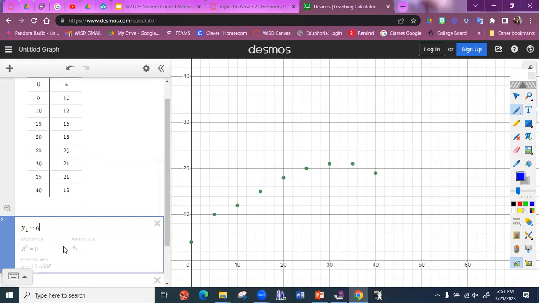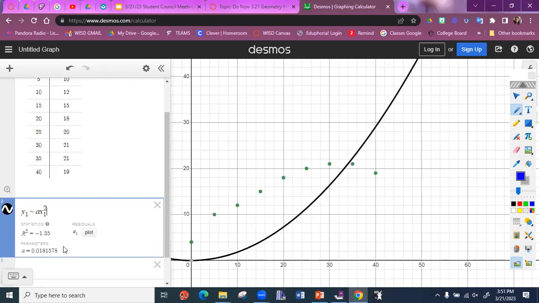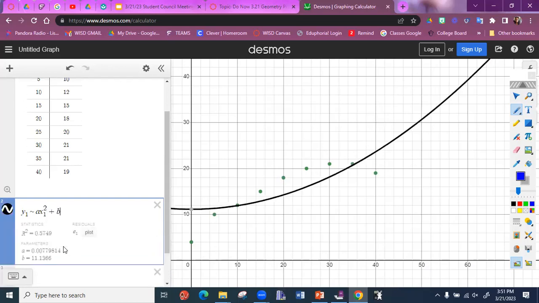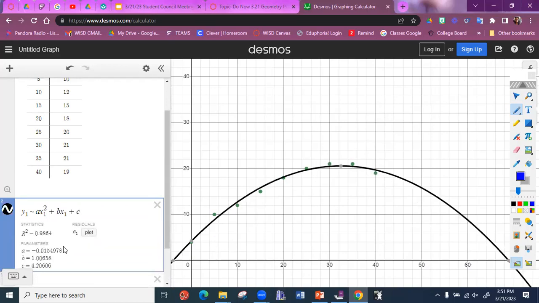Then we're typing AX1, and we're going to hit Shift 6 to square it, plus BX1 plus C. Okay. So to get your power, it's Shift 6. And it says this is the best fit we can give you.